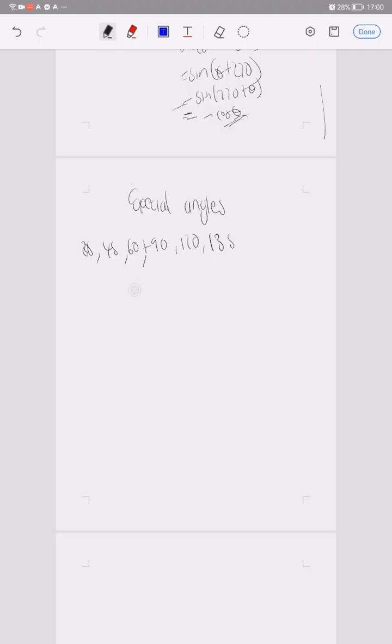But now we are going to be focusing only on 30, 45, and 60. These are the only special angles that we will be talking about.